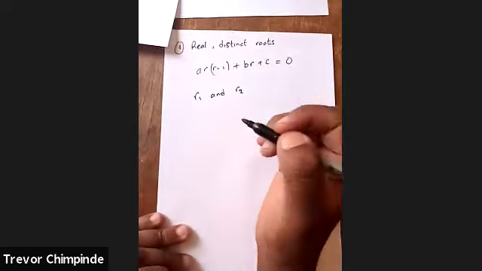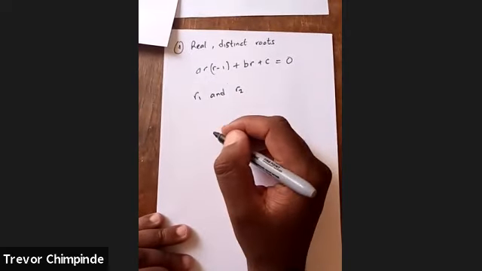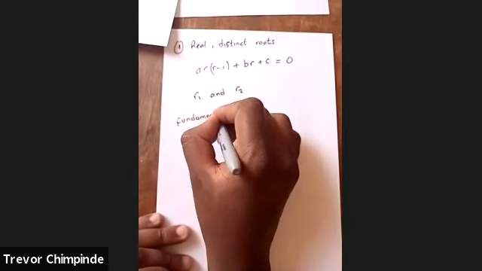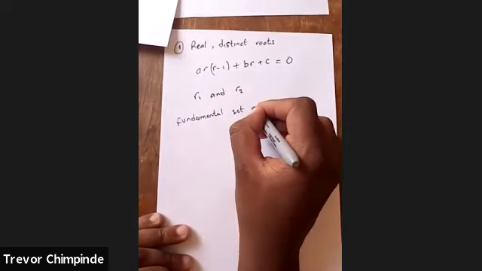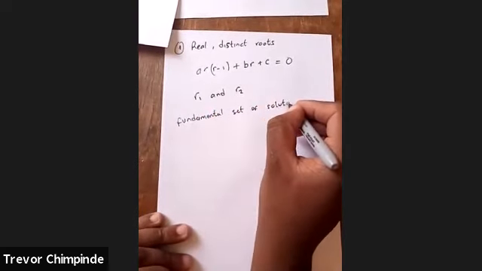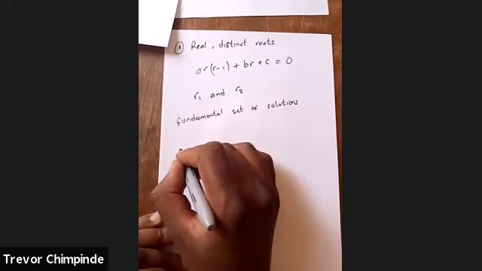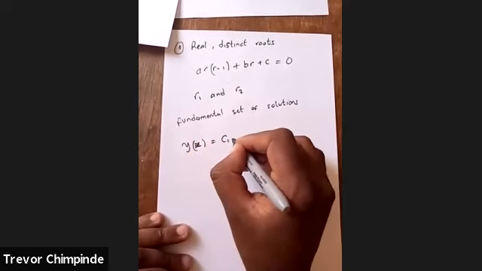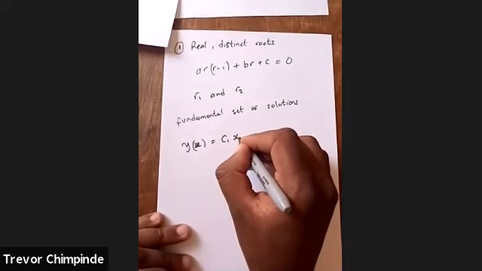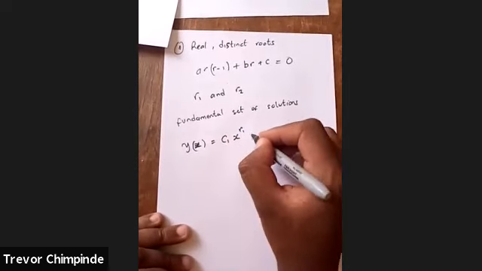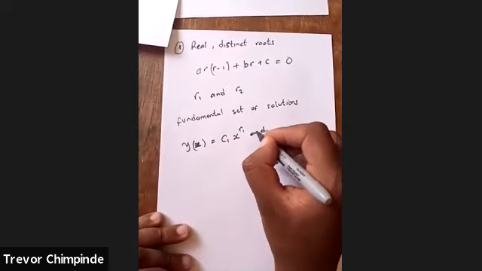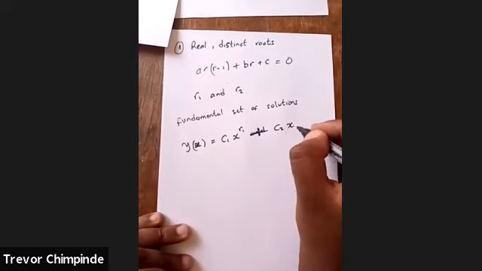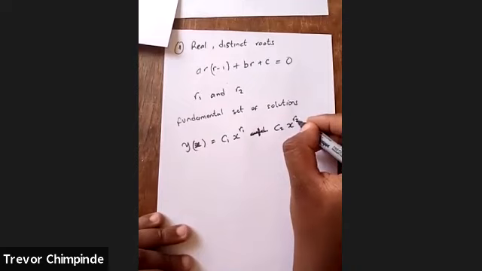Then Euler says that your solution, or he says the fundamental set of solutions, will be of this form. You get two solutions, so y of x will be c1 x to the first root r1, plus c2, again you can add the constant, x to the second root r2.